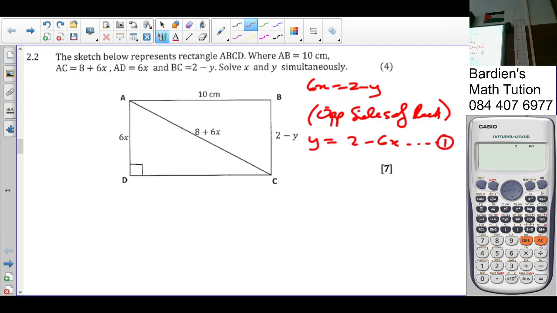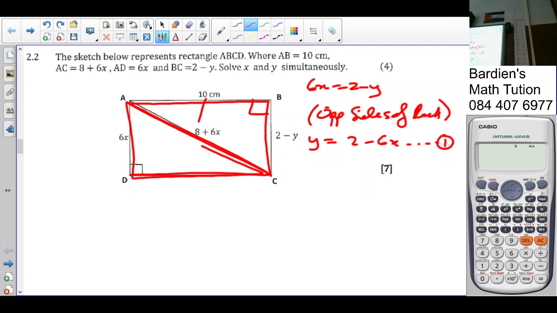Of course now we need to set up another equation. I can go with the fact that ABC, with that being 90, so I can apply Pythagoras, because the angle B is 90 degrees. But if you look at this triangle here, what do you notice? There's only x's in triangle ADC, if I put this to be 10 there as well.